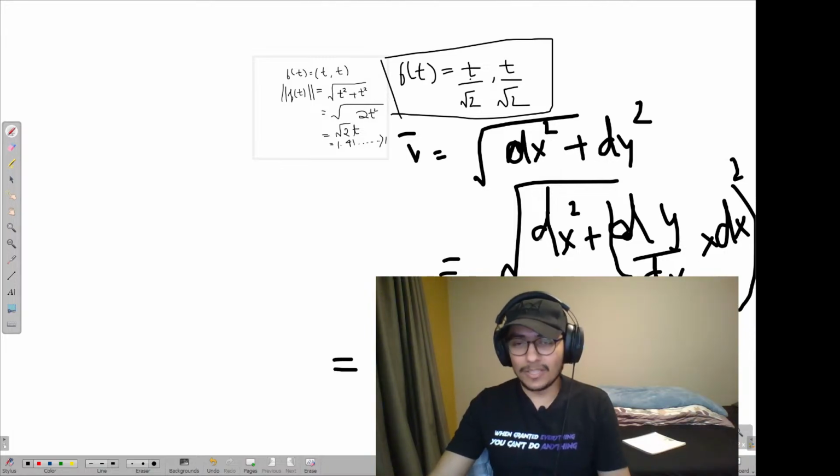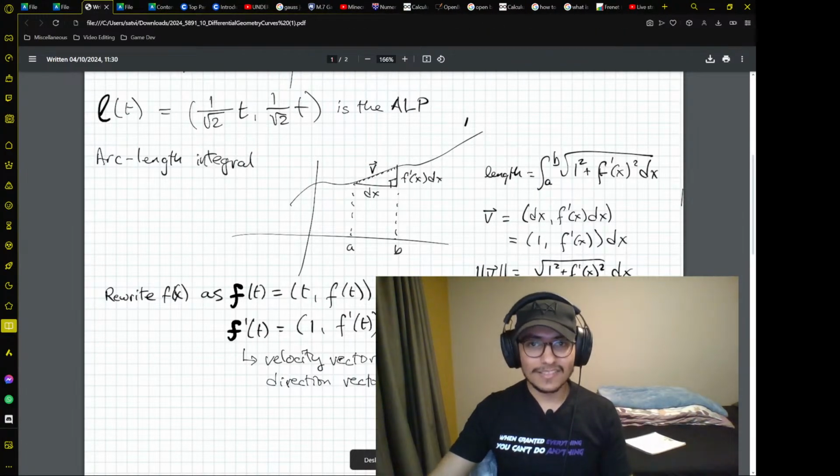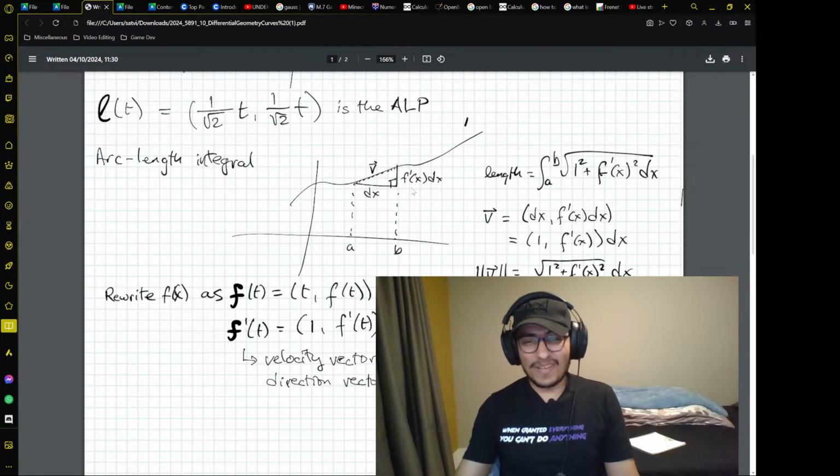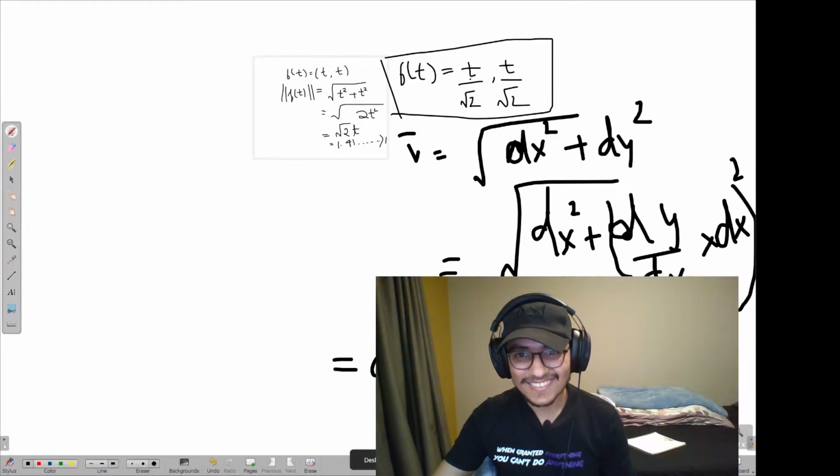And if we take dx common, it just becomes dx root over 1 plus (dy by dx) square, and this is basically it.